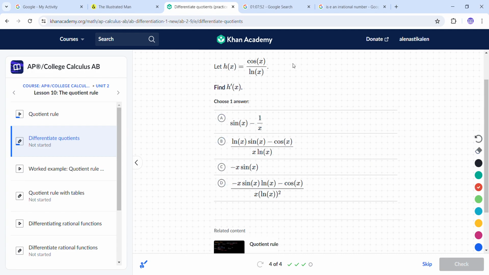If we follow the formula, negative sine of x multiplied by the natural log of x minus cosine of x times the derivative of the natural log of x, which is 1 over x, over the natural log of x squared, like this, I guess. Yeah, that's it.